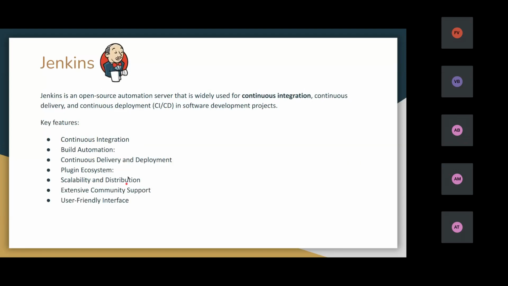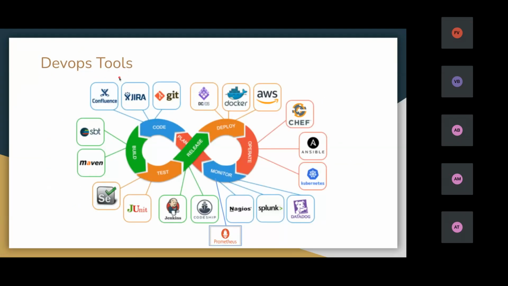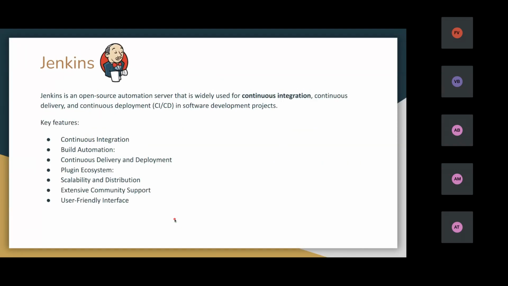Then for CI/CD, we can use a tool called Jenkins. Here we can use continuous integration, continuous delivery, and continuous deployment. For that, we can use Jenkins.